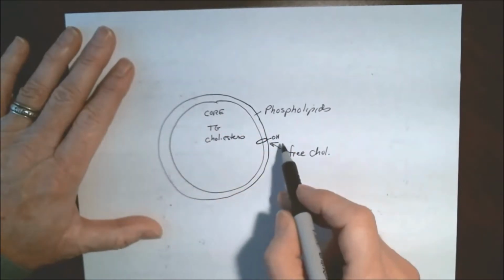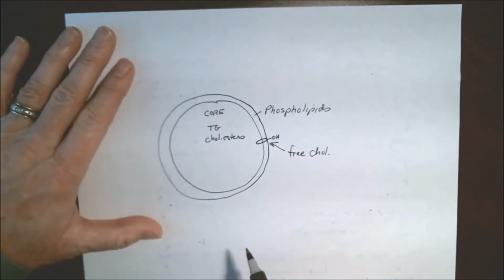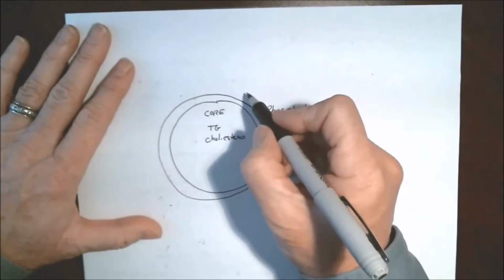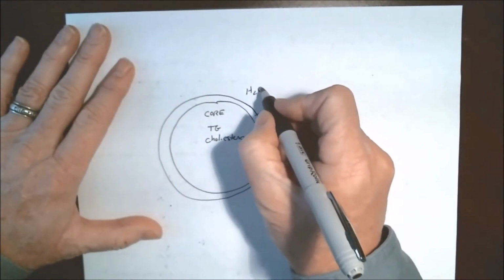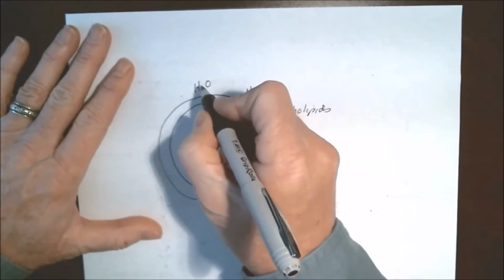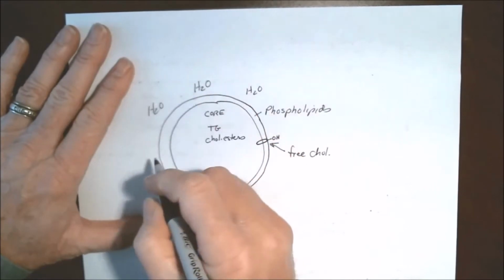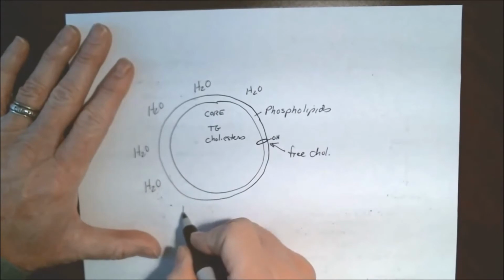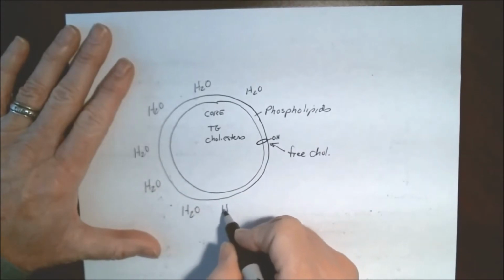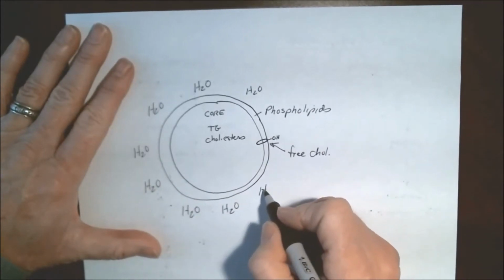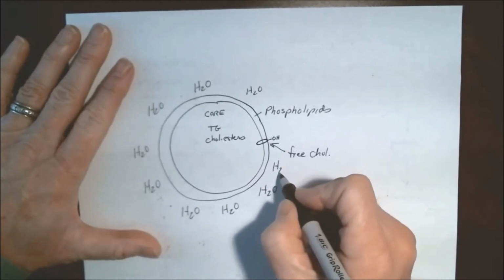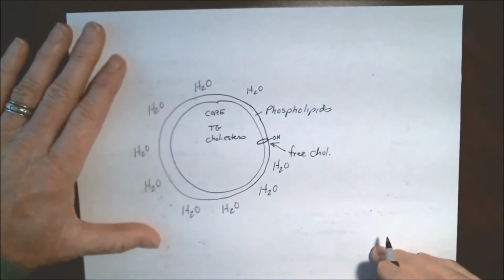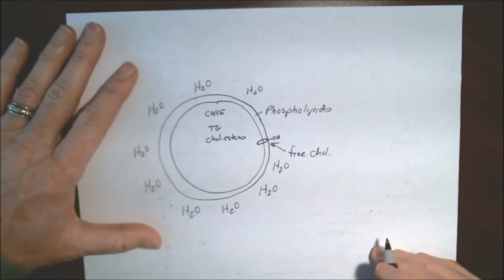The periphery has the amphipathic molecules, and now we can interact with water in the chylomicron structure because we have these charged and polar head groups of the phospholipids that can form hydrogen bonding and ionic bonding with salts as we transport the fats through the bloodstream.